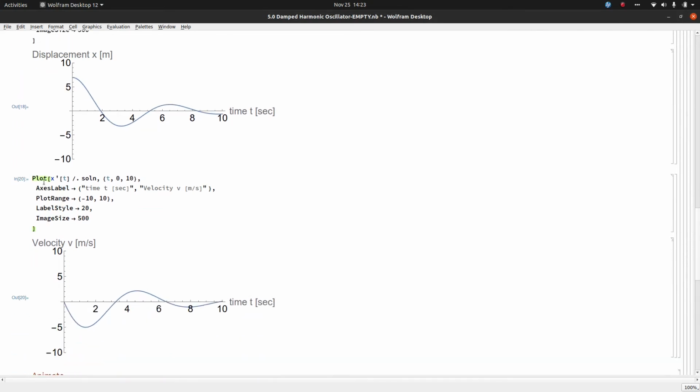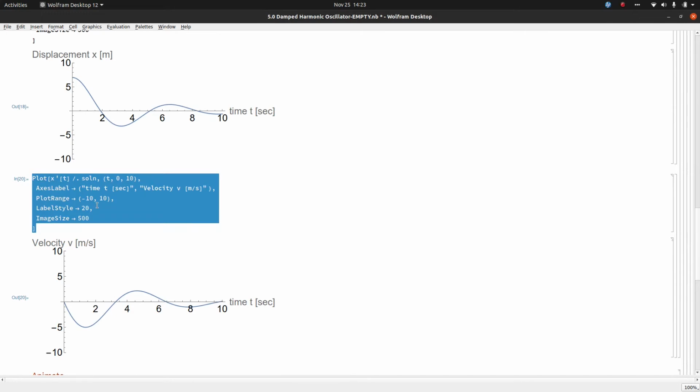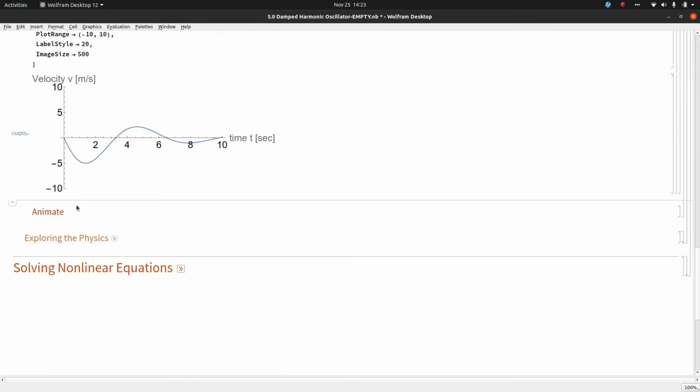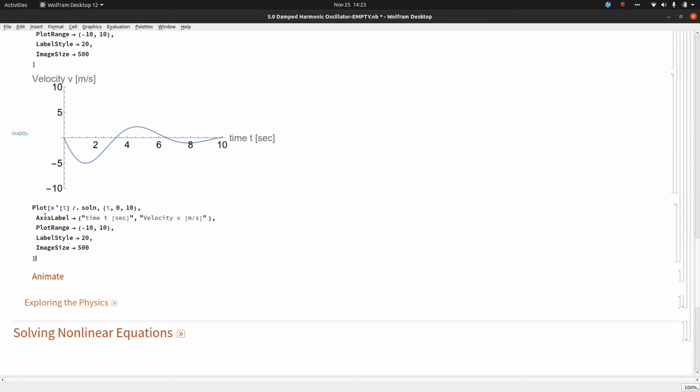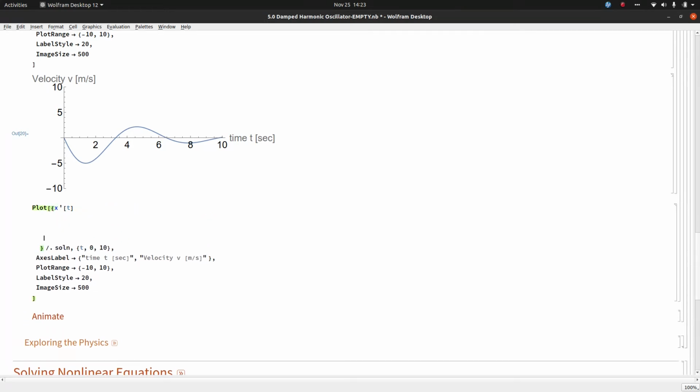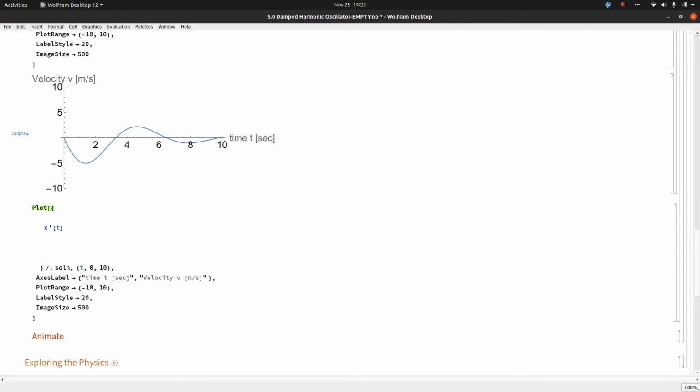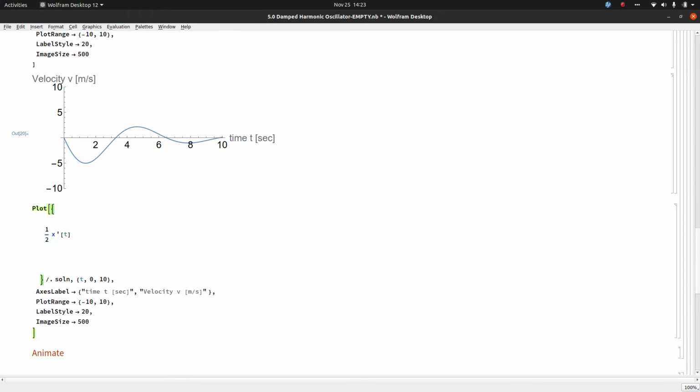Up next, I'm going to make another plot of my solution. Let's see what happens if we plot the energy. So the energy is going to look a bit different. And actually, I'm going to plot a few different energies here. We'll do the kinetic energy first. That's 1/2 the mass times the velocity squared.